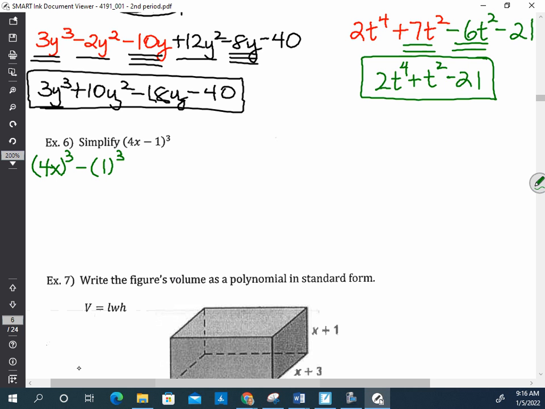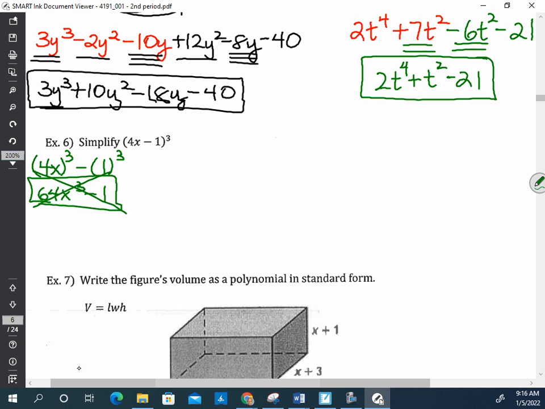So that's going to give me 64x to the third minus 1, and that's my answer. That's 100% wrong. This is the wrong way to do it.